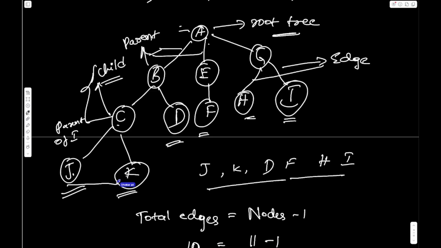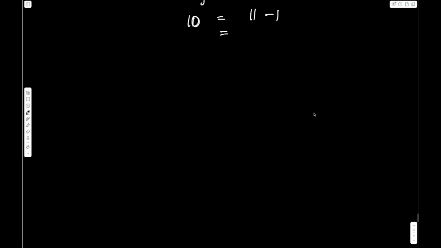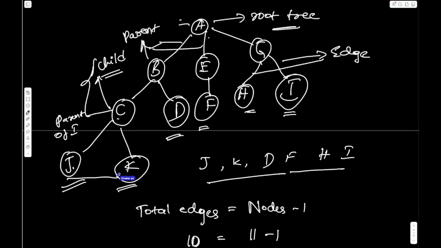Okay, so we have something called depth of a tree. What is the depth of a tree? Here, A is at depth 0. Then B is at depth 1.